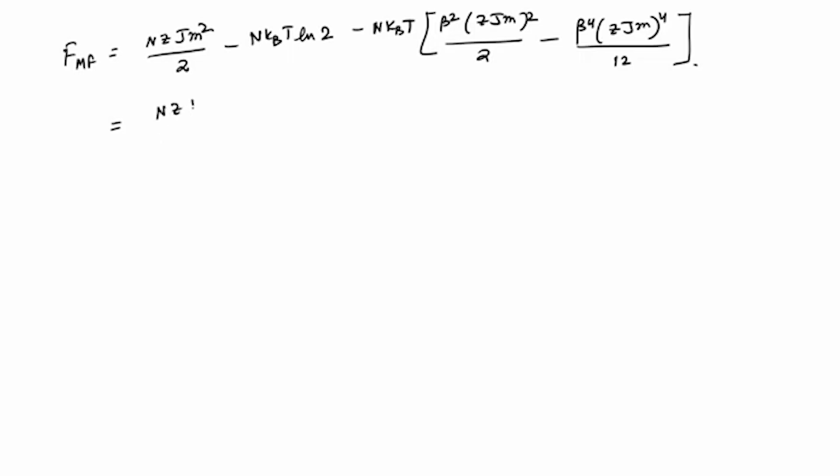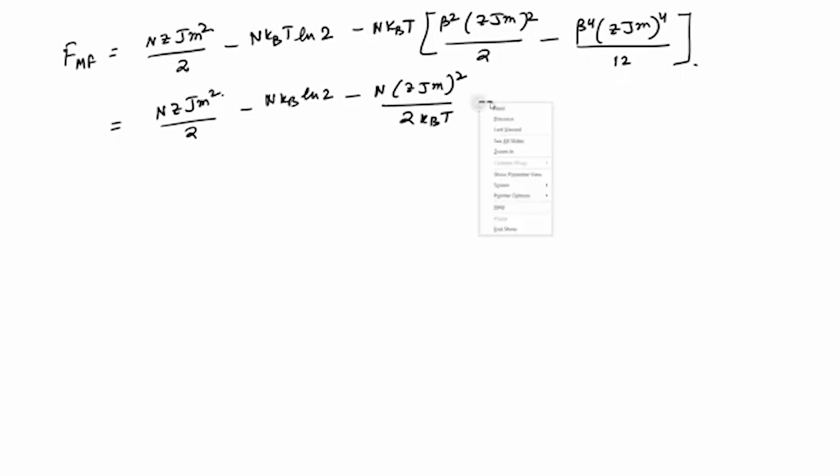So, this is equal to n z j m square by 2 minus n k T log 2, and then you have n z j m square divided by 2 k T, plus n z j m whole to the power 4 divided by 12 k T to the power cube, and so on.